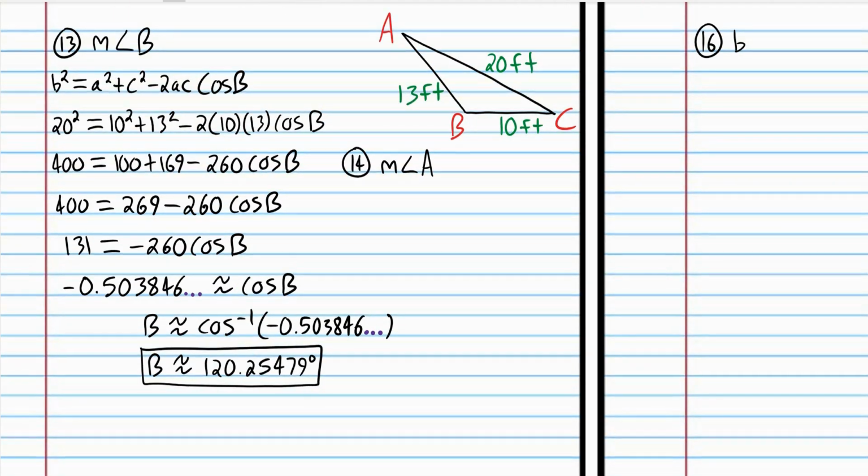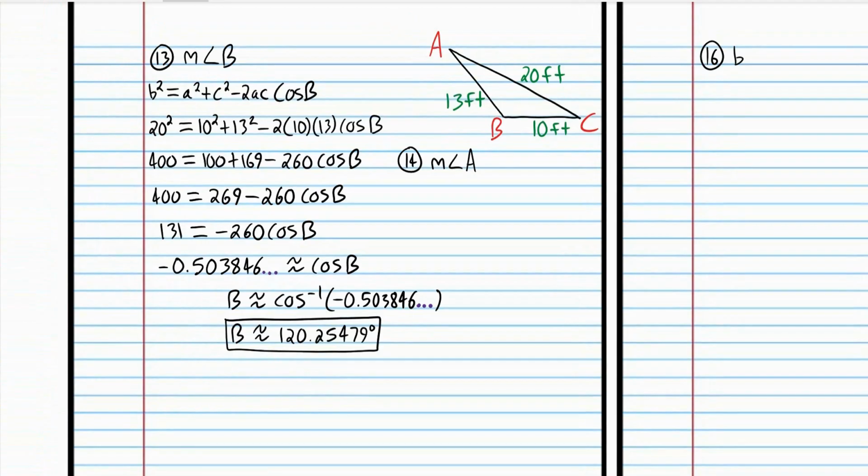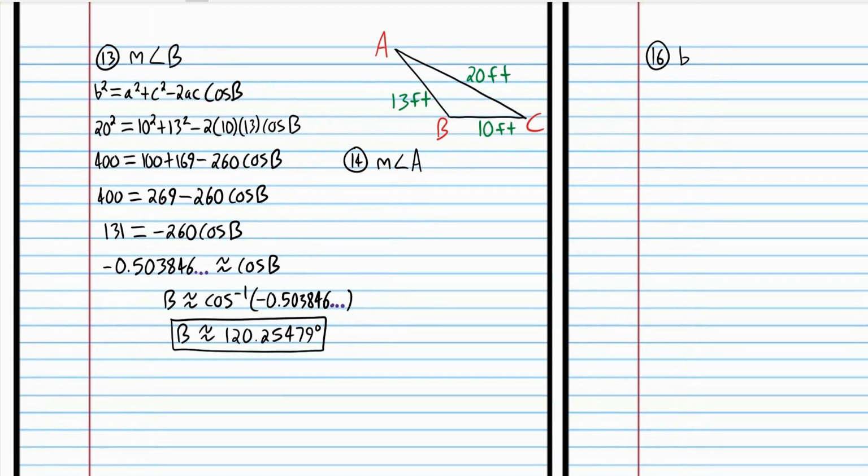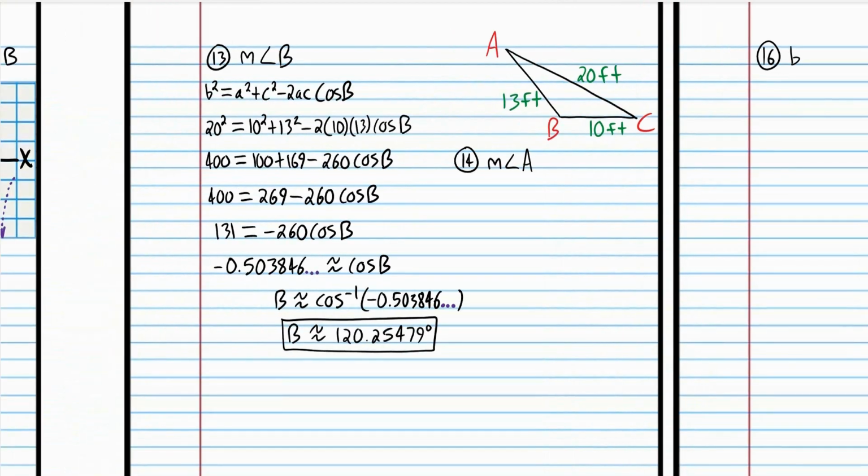Now typically what people will tell you to do is to use the law of cosines again, and that'll guarantee that your calculator doesn't confuse you. But because we've already found the obtuse angle, I'm not worried about my calculator confusing me.